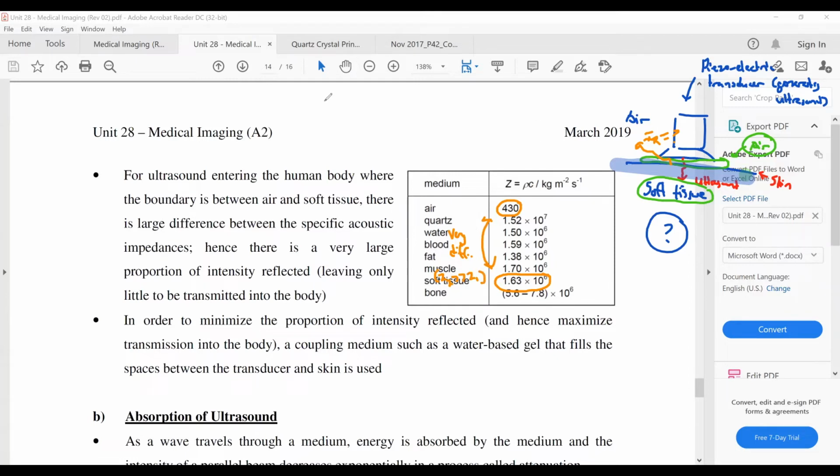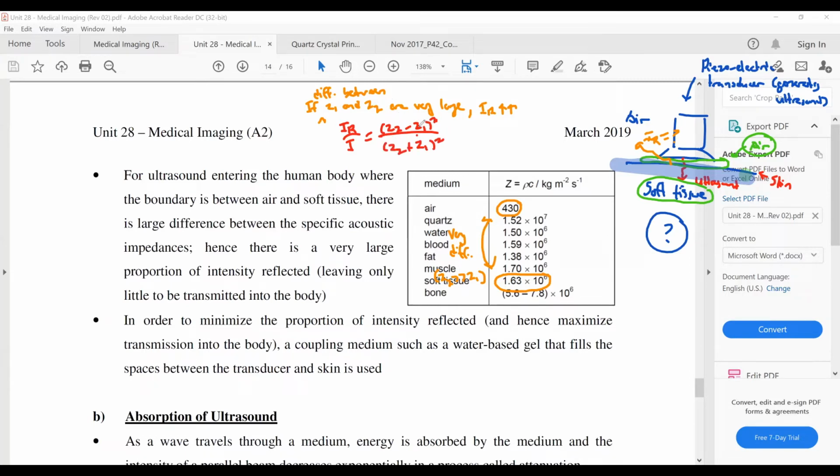So from the previous page, you know that if the difference between Z1 and Z2 is very large, IR would be very large, because IR over I is equal to (Z2 minus Z1) squared over (Z2 plus Z1) squared.